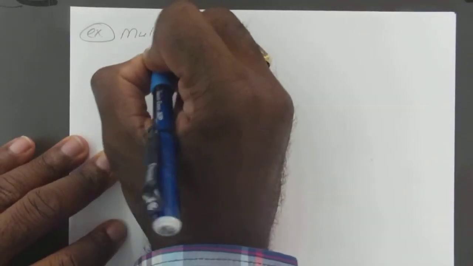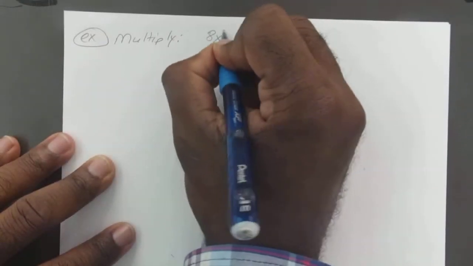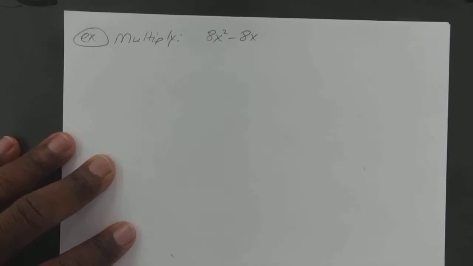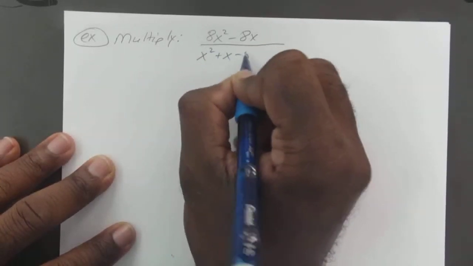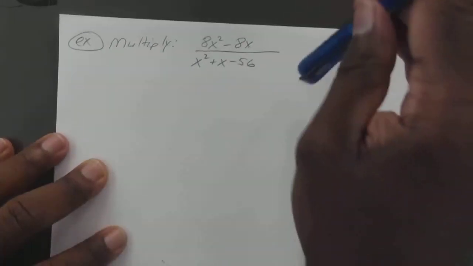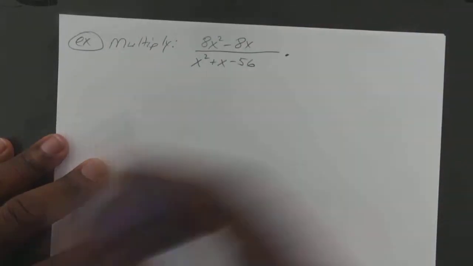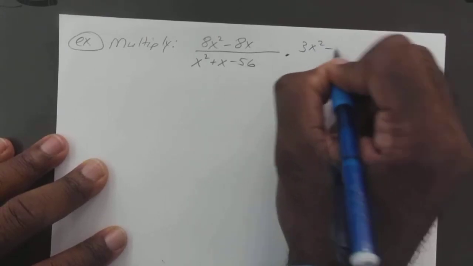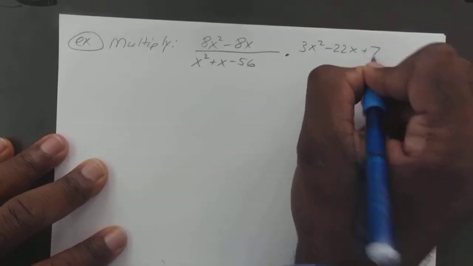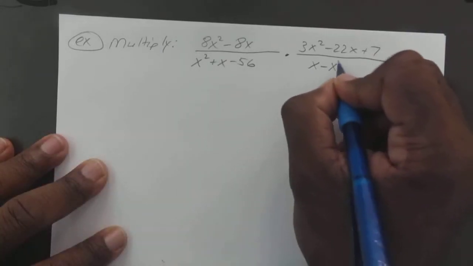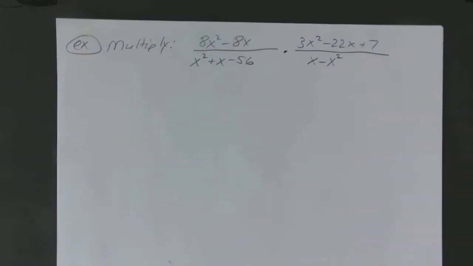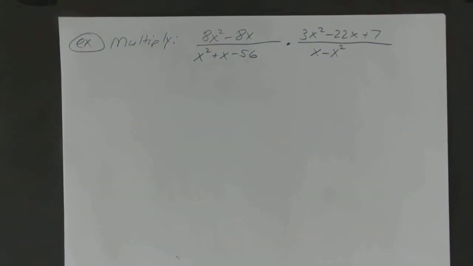Okay, so let's say, for example, here, you wanted to multiply 8x squared minus 8x over x squared plus x minus 56 times 3x squared minus 22x plus 7 all over x minus x squared.